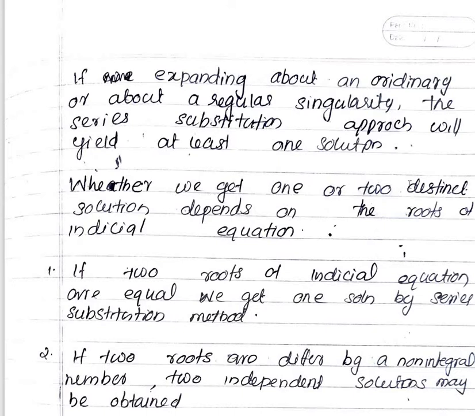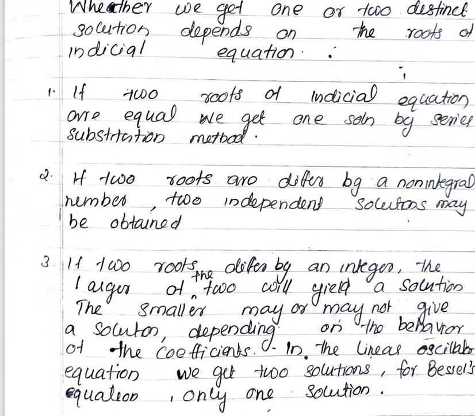Whether we get one or two distinct solutions depends on the roots of the indicial equation. If the two roots of the indicial equation are equal, we get one solution by the Frobenius method.